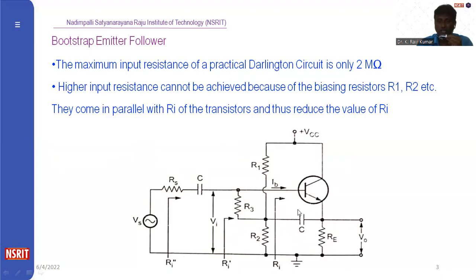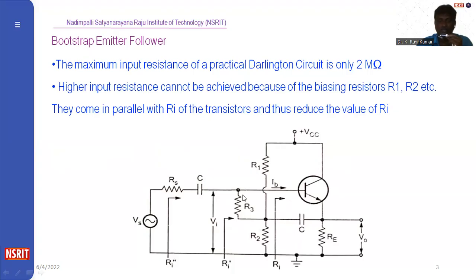Here we are using a capacitor. At low frequencies, the impedance will be low, so it acts as a short circuit. And by using this capacitance, we can block the DC signal.